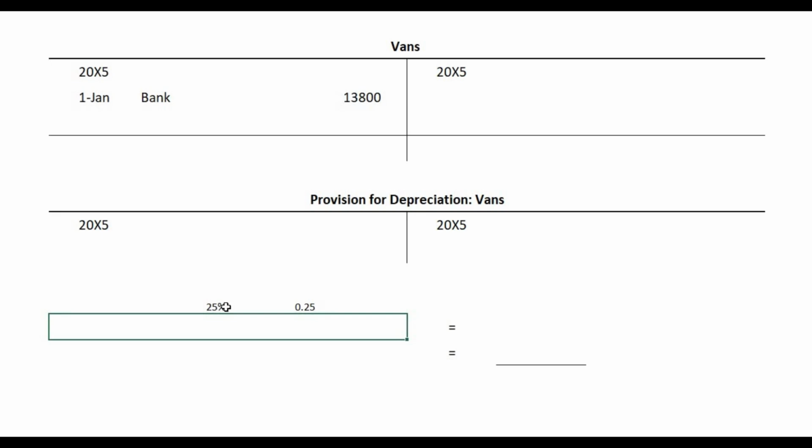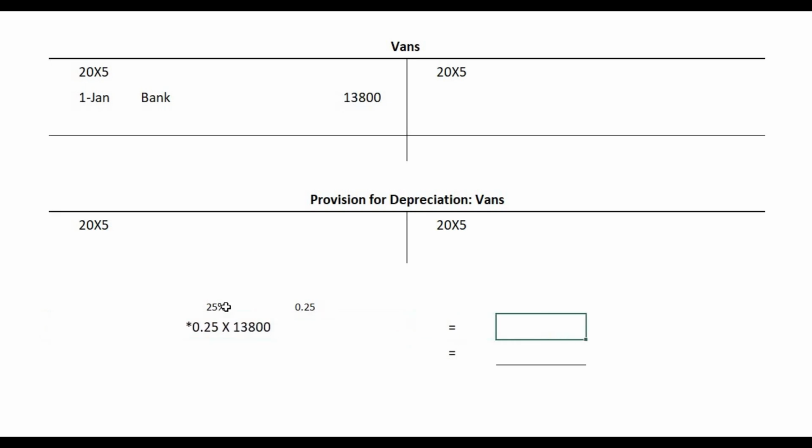After conversion, simply multiply with the amount, which means 0.25 times 13,800, and don't forget the asterisk. If we multiply this, it is equal to £3,450.